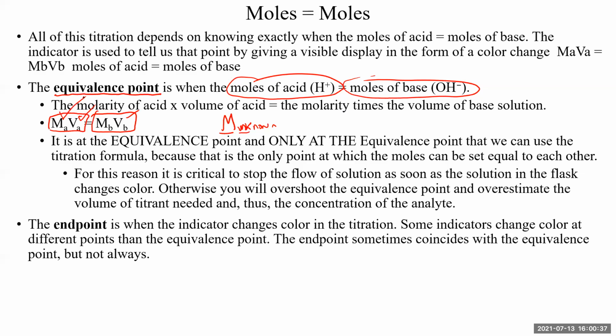So you have 3 out of 4 of the variables in this titration formula once you finish the experiment. Just solve for the one you don't know. And that's what a titration is based on.